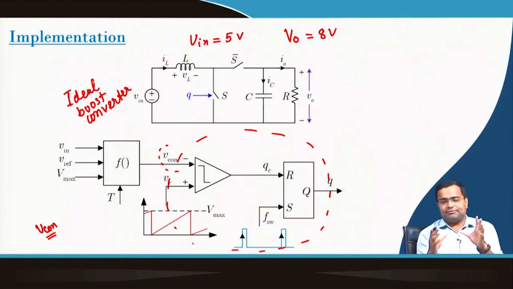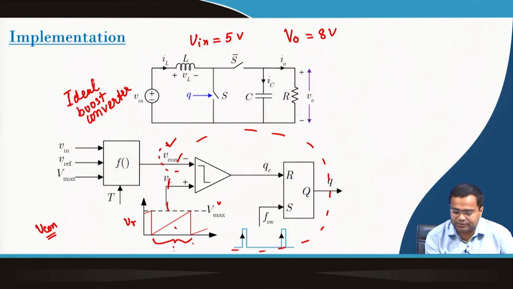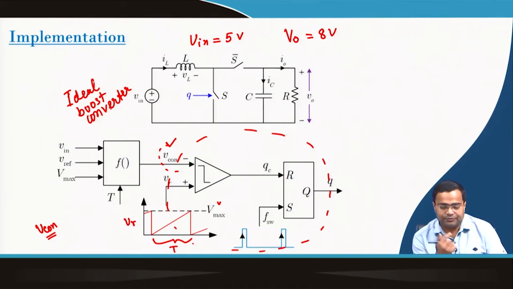Then what should be my control voltage, if the maximum value of this sawtooth VR is given and the time period is also given to you? So, what should be my Vcon voltage?